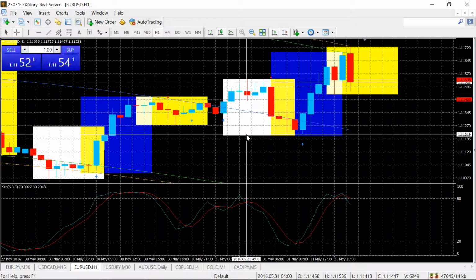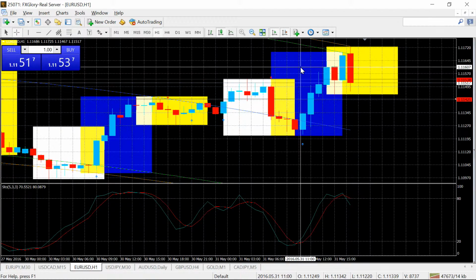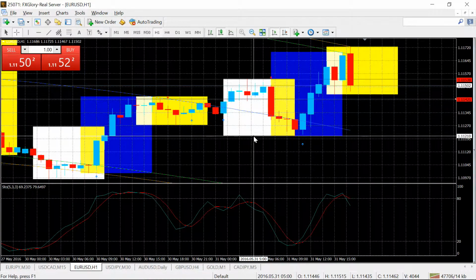Now we have key numbers that we look at, which are the support and resistance levels, which are the highs and lows in the market. For this specific market, today's market, which is Europe, this is the euro versus US dollar.